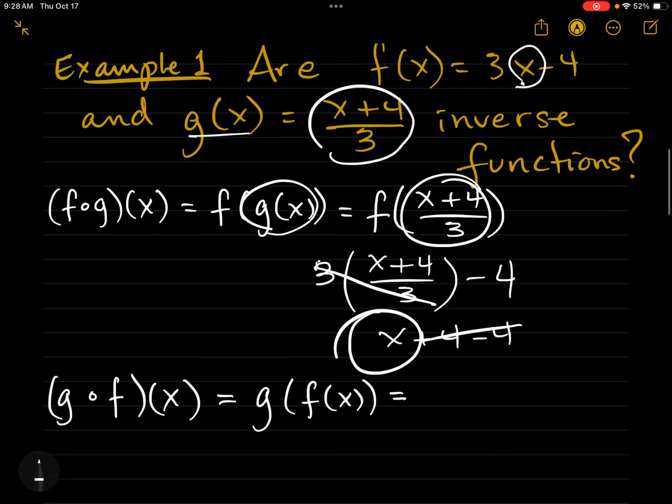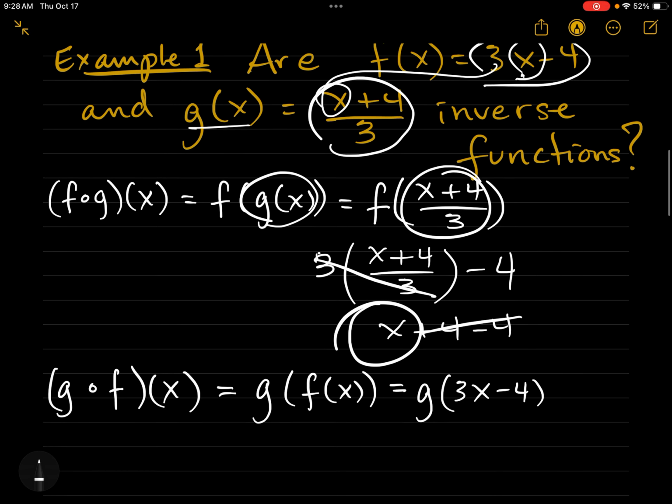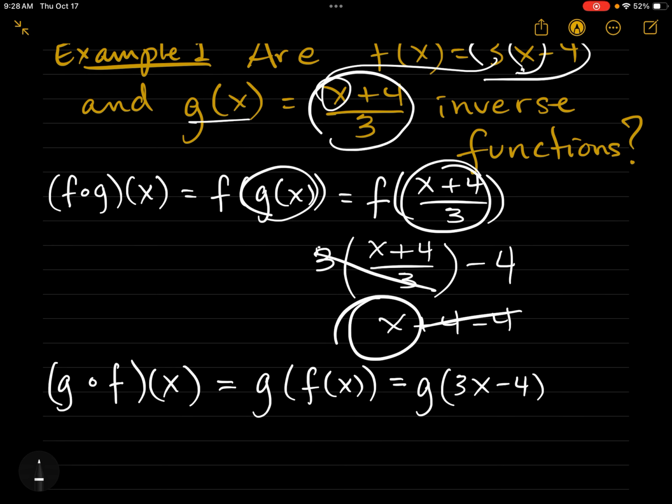So now I'm going to take f, all of this, and I'm going to plug it in here. So I'm doing g of 3x minus 4. And now I'm going to plug that 3x minus 4 in for x.